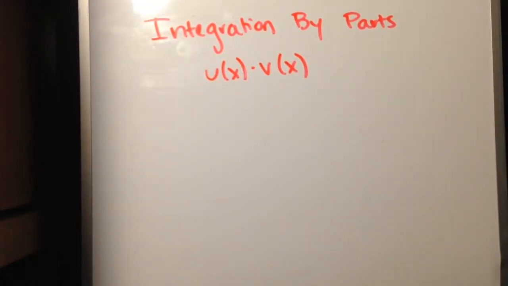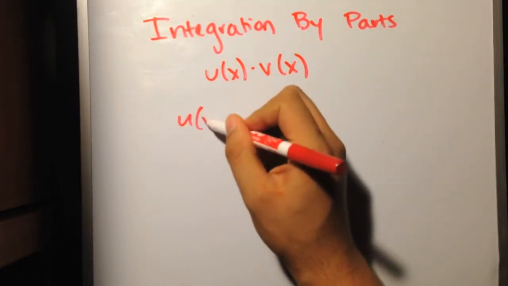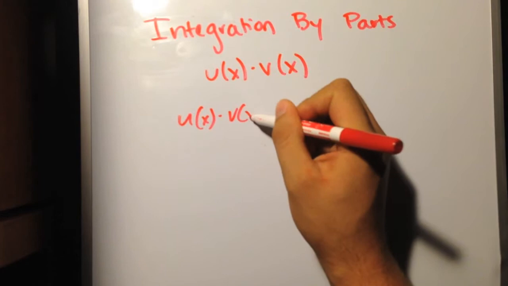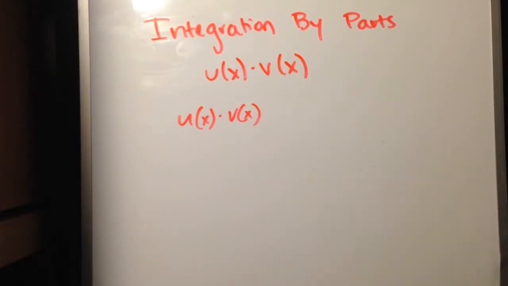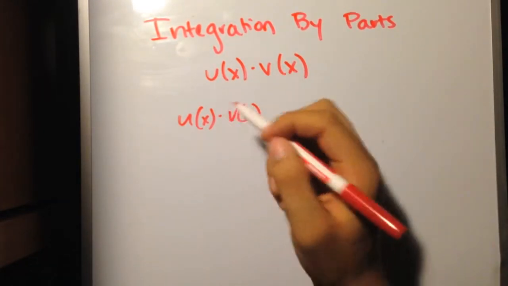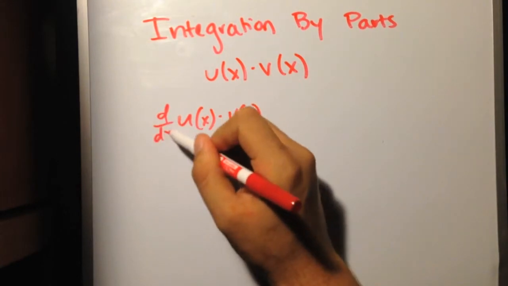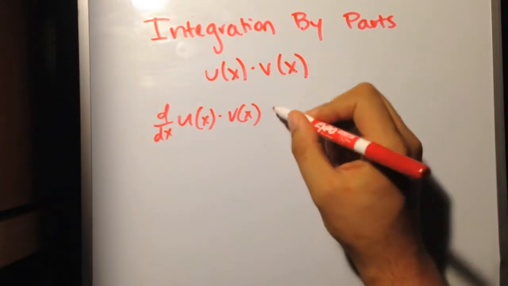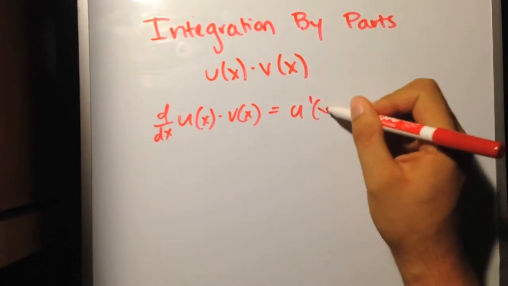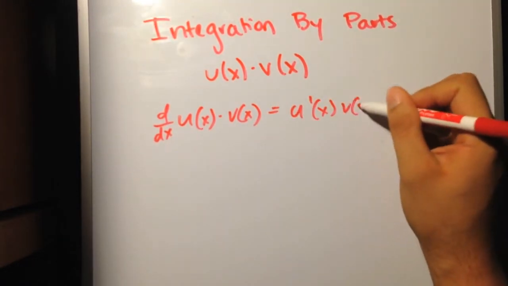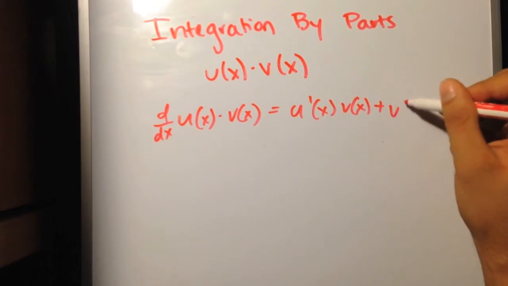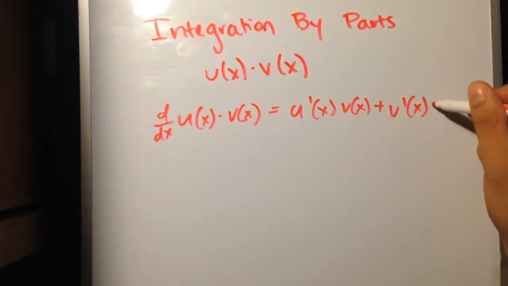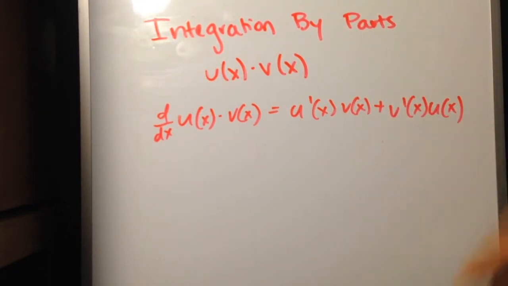When you differentiate the product of two functions, u of x times v of x, the product rule states that d/dx of u of x times v of x equals u prime of x times v of x plus v prime of x times u of x.